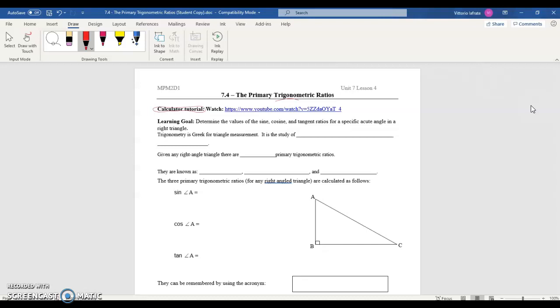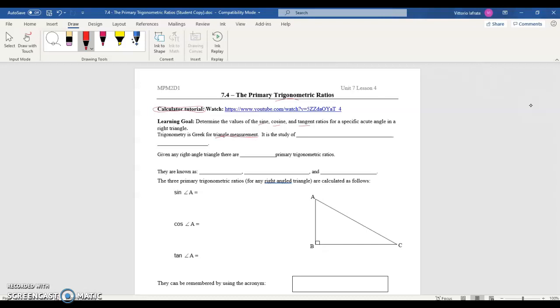So our learning goals will be to determine the values of sine, cosine, and tangent ratios for a specific acute angle in a right triangle. So what is trigonometry? What is trig? Trigonometry is Greek for triangle measurement.